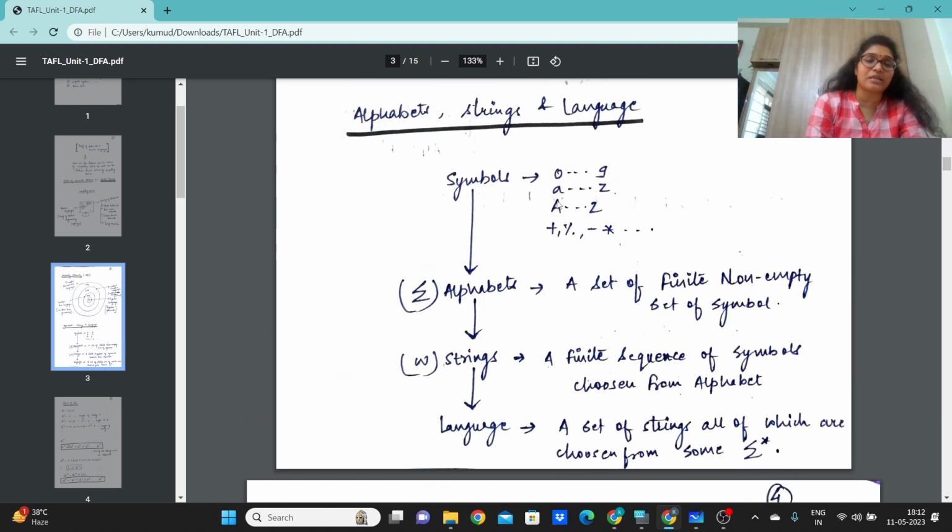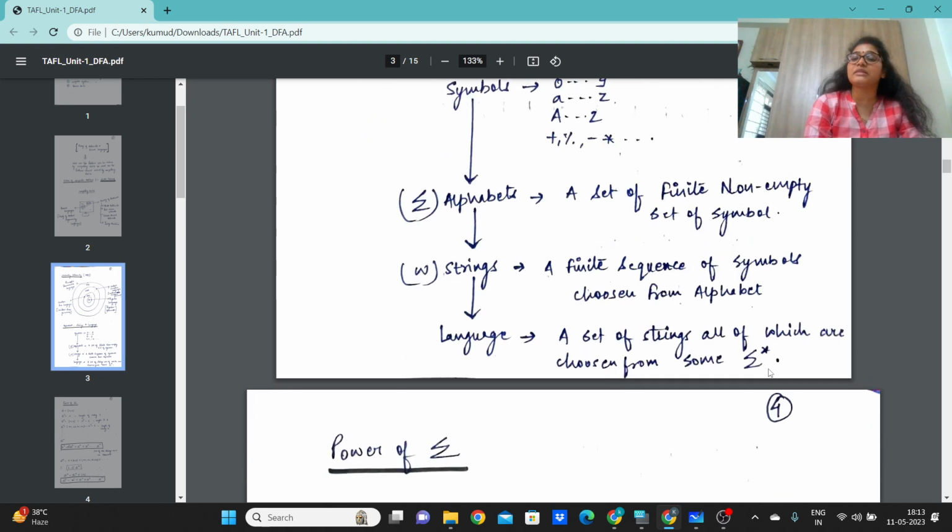If you look at this hierarchy very closely, the alphabet is made up of symbols, a string is made up of a sequence of symbols chosen from the alphabet, and a language is a set of strings. I will discuss this operator star.